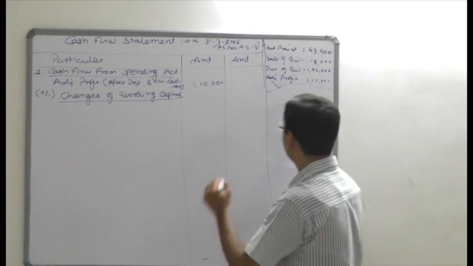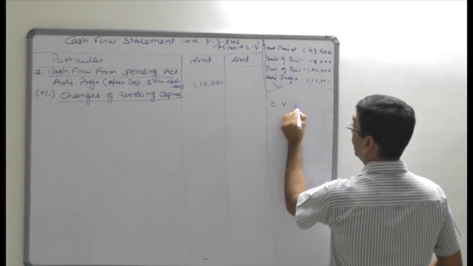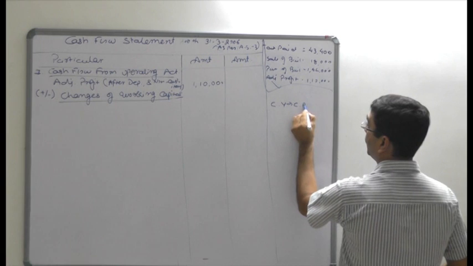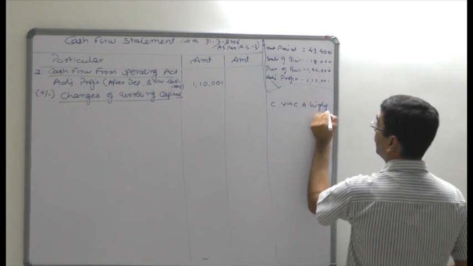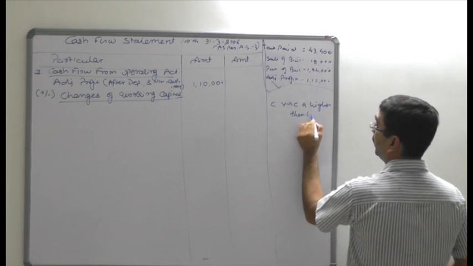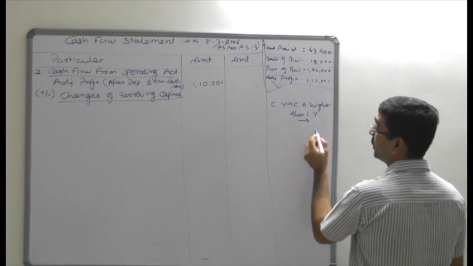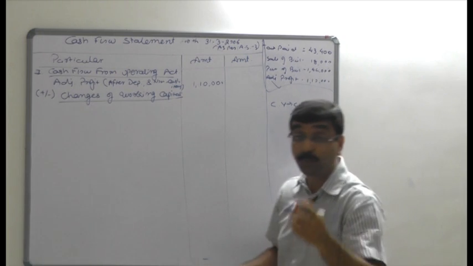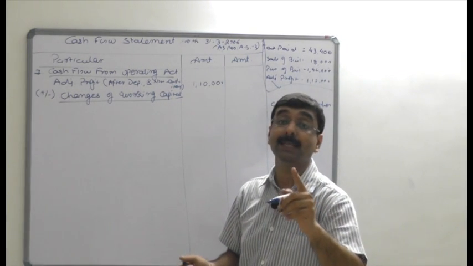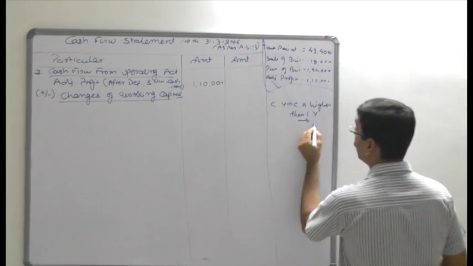That means the current assets are higher than the last year. If it is higher than the last year, it always shows that your working capital for cash flow statements is increasing, and this would be deducted.